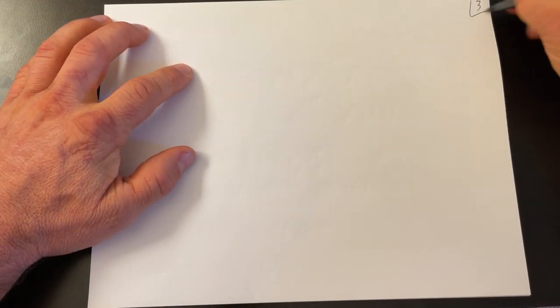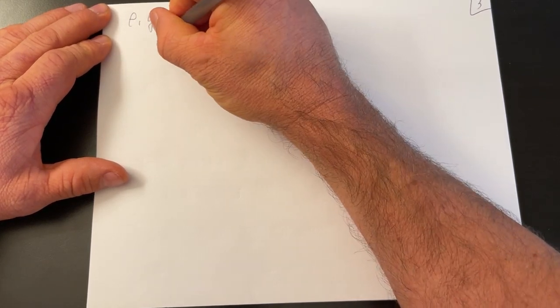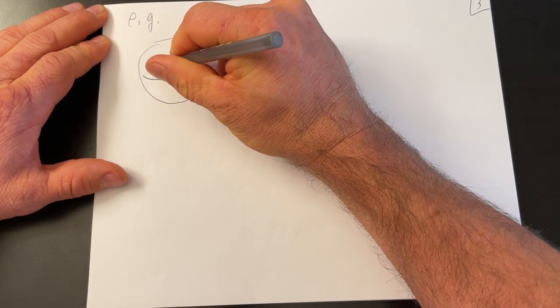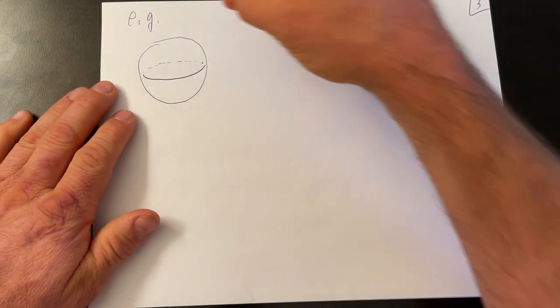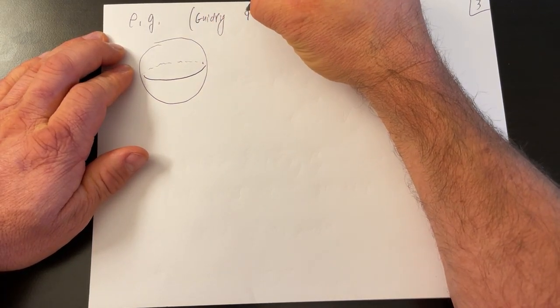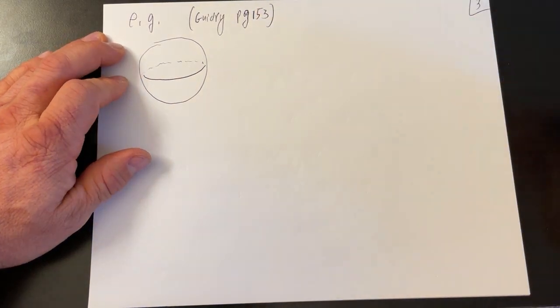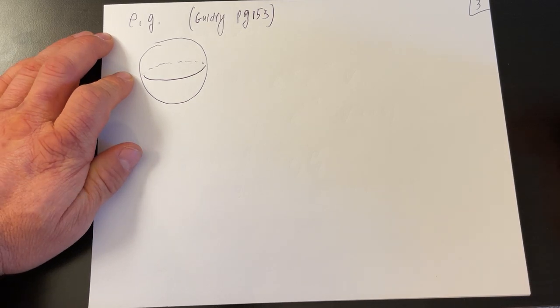So we'll go to page 3, and we'll use the example of a sphere. The reason I'm using this is because Guidry, on page 153, gives us the metric, connection, and curvature and everything for a sphere.